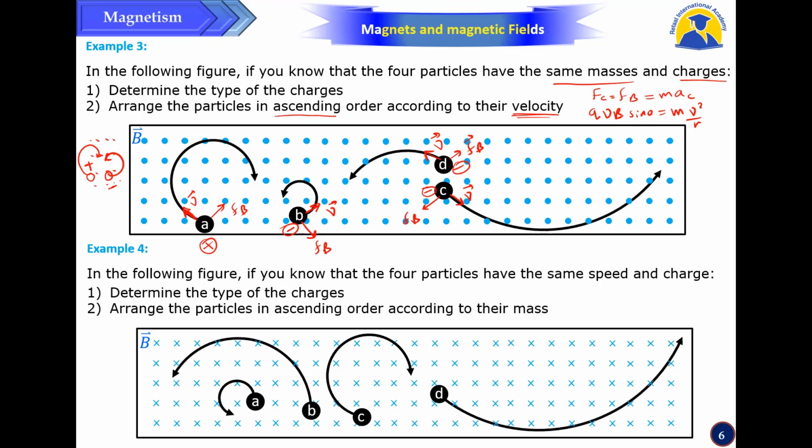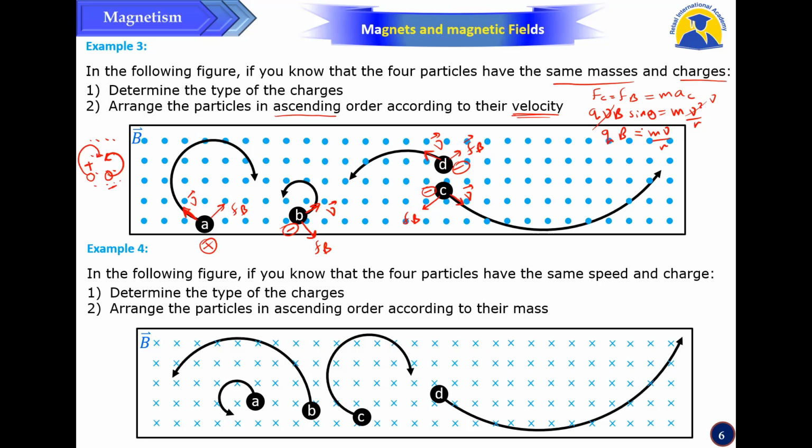Now, both sides have v, so we cancel v with v squared, and then we will have v. So here we will have qB sine theta, which will be 1 because the angle between velocity and the magnetic field is always 90 degrees. Sine 90 is 1, so no need to write sine theta. It will equal mv divided by r.